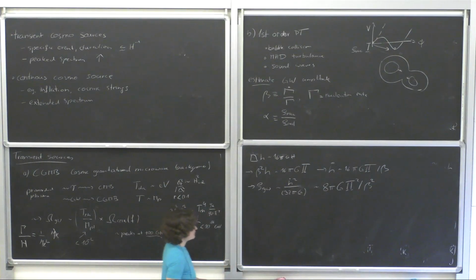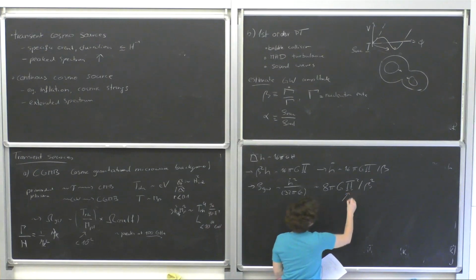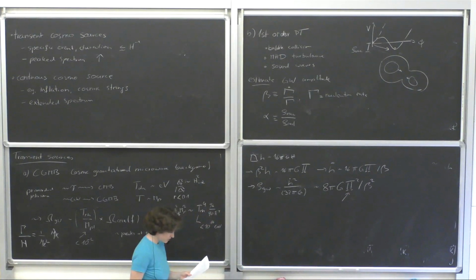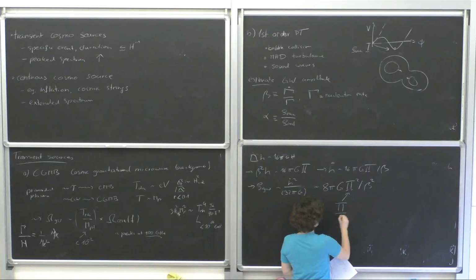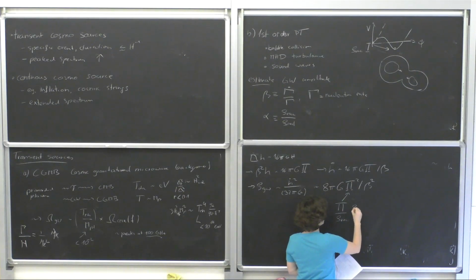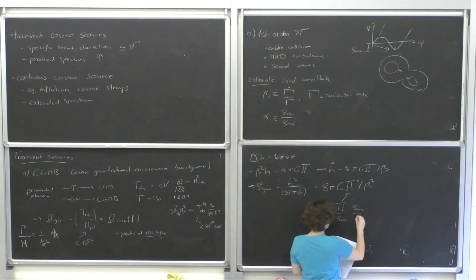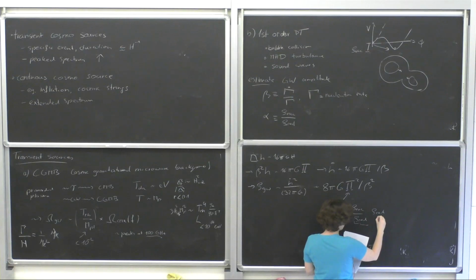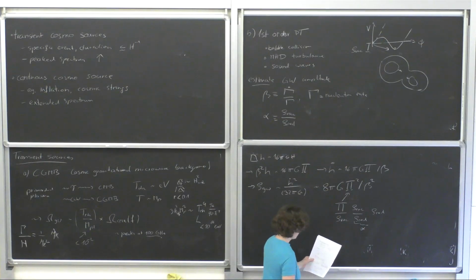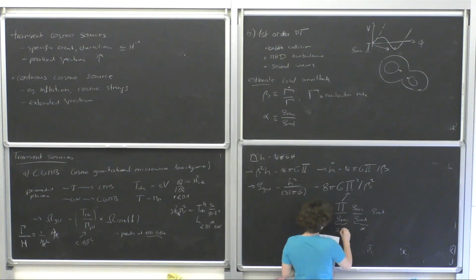So now we just need to estimate what this pi squared is, the energy in the phase transition. So we can expand: let's call this pi divided by rho vacuum, divided by rho radiation. This we know. This is alpha, and this we will call kappa.